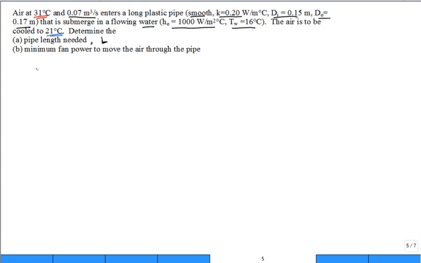Well, what we're going to do is an overall energy balance, and we're going to say that the Q that comes into the fluid is going to affect the fluid, the air, by increasing its temperature. So Q is going to result in m dot C sub P, T mean exit minus T mean inlet. Okay, but how do I get that Q? Well, it's controlled by our convection heat transfer rate, our rate equation.